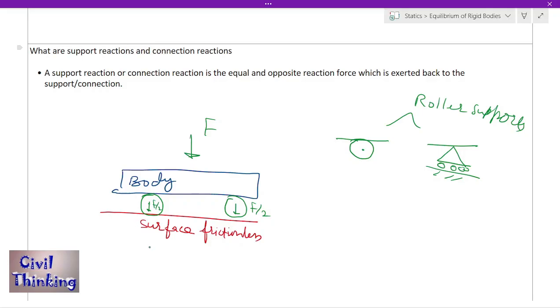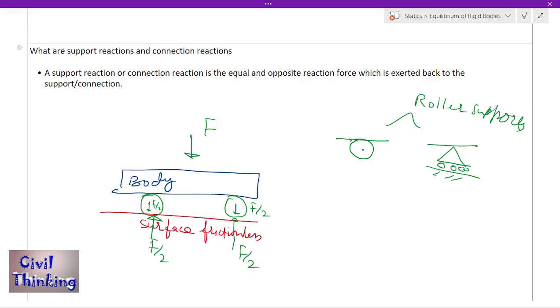Now there will be a reaction on the supports because the surface is going to exert an equal and opposite reaction to the supports, because that's Newton's third law. So this is going to exert force like this, F divided by 2, and here F divided by 2.